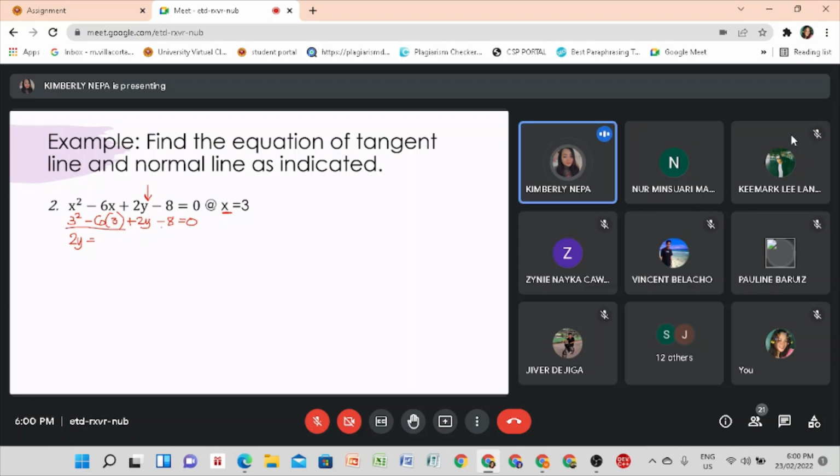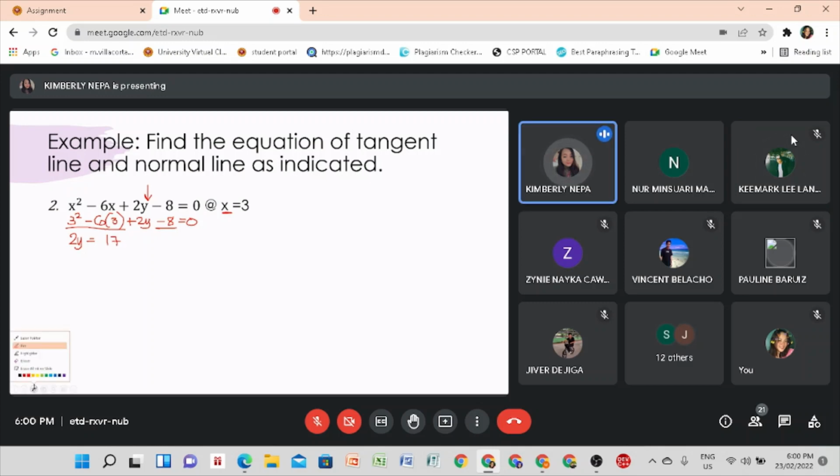How much is that? Negative 17 po. Has the value been transposed? Not yet po. But if we transpose, it's positive po. Positive now.